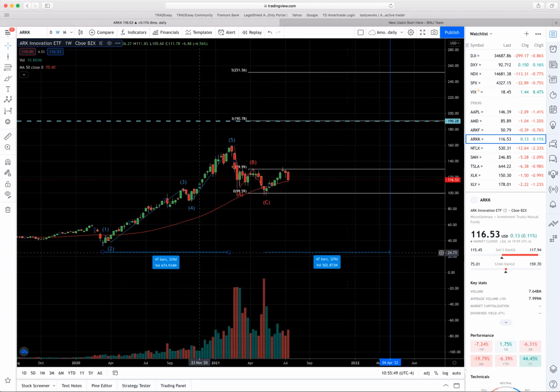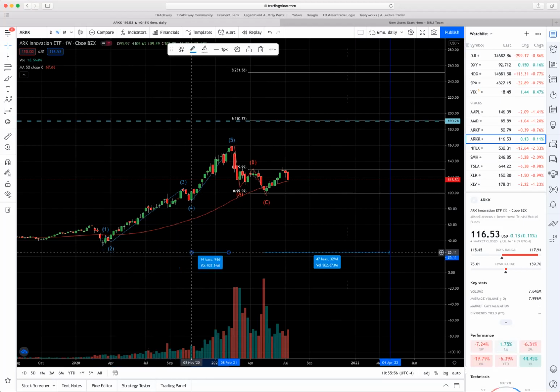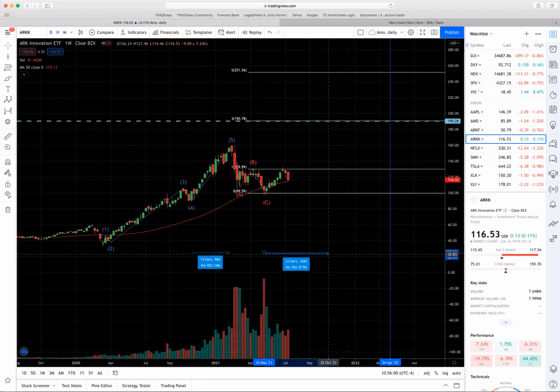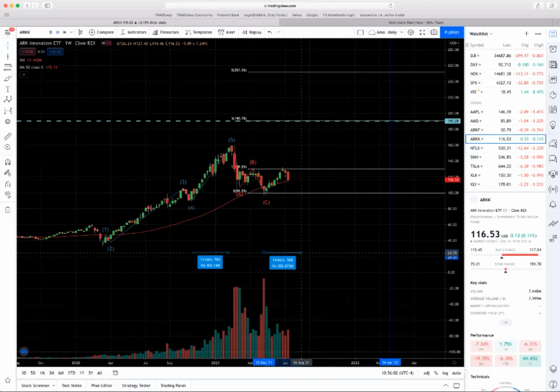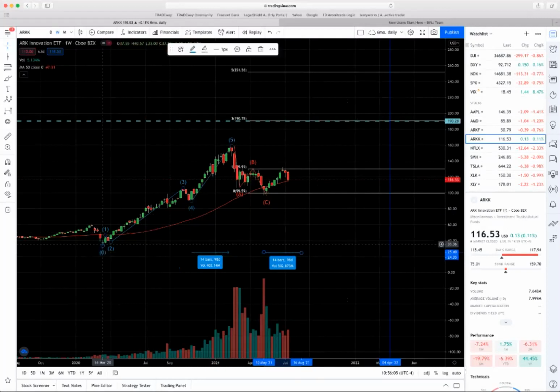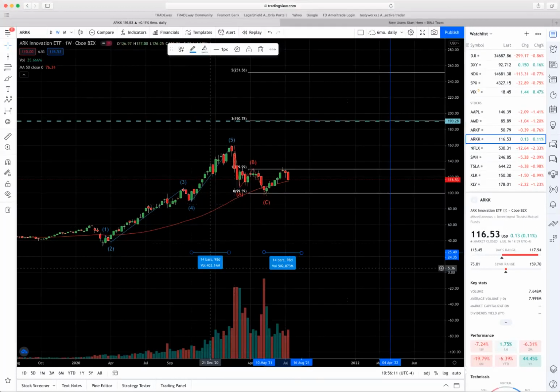The other thing, but let me double check because I can't remember. Did I start it there or did I feel like it was more wave 4? If I pull this back 14 bars, yeah, it definitely was. I went from there to there because if I only looked at wave 4, that means we have it done in 14 weekly bars, which means we would reach 190 in August, so next month.